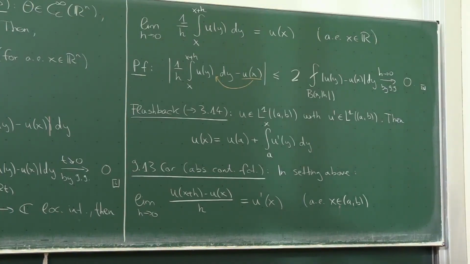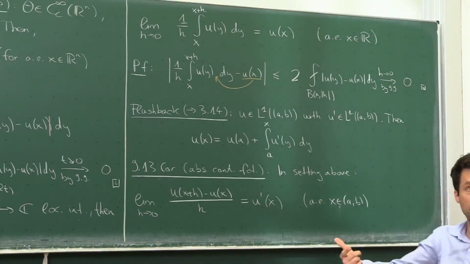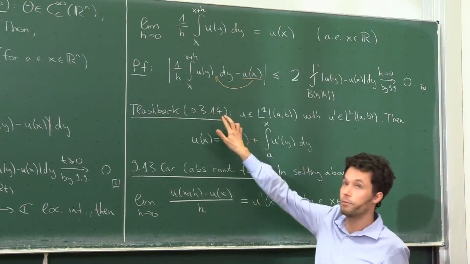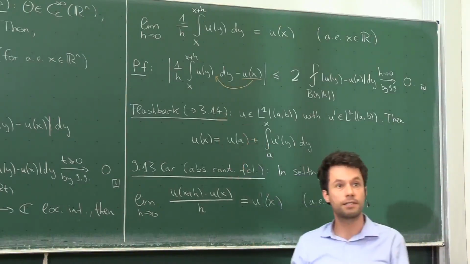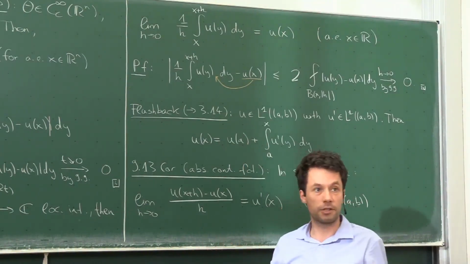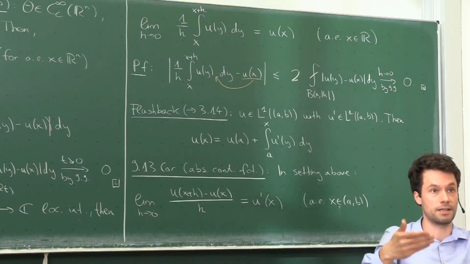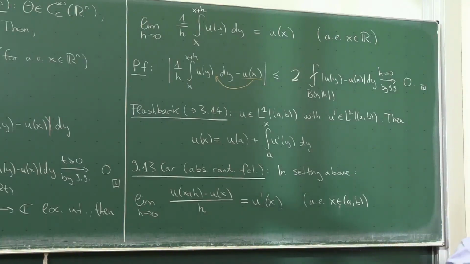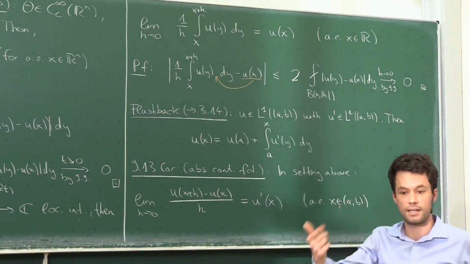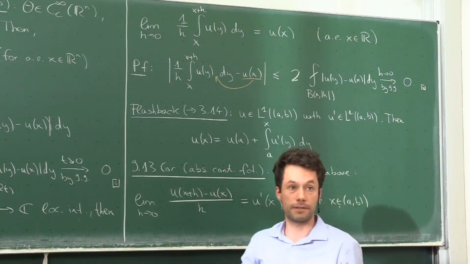Okay, so it's a beautiful result, and it's sort of the second part. I mean, 3.14 we called the fundamental theorem of calculus for H1 functions in particular. It was one part, the part that I can get the function as antiderivative of its weak derivative.